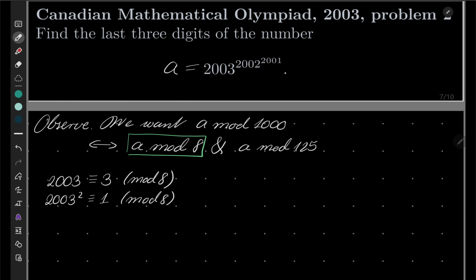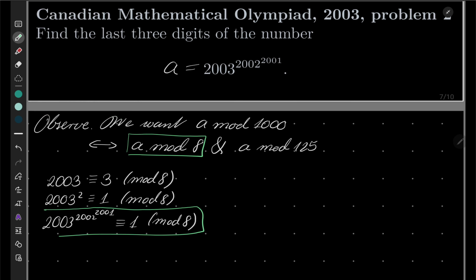So in fact 2003 to any even power is congruent to 1. In our special case 2003 to the power 2002 to the power 2001 is also congruent to 1 modulo 8, because 2002 to the power 2001 is clearly an even number. So it was pretty easy, I believe.